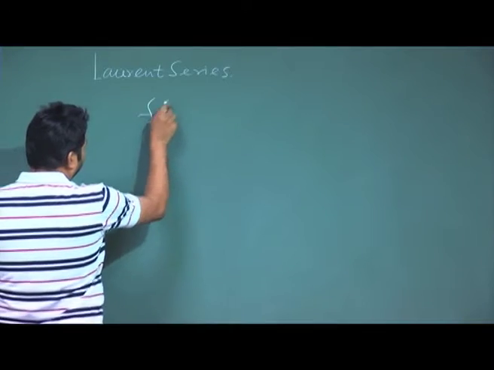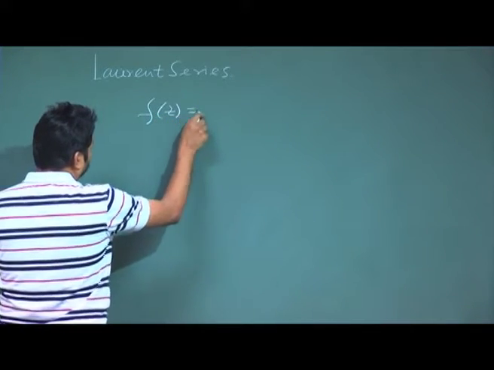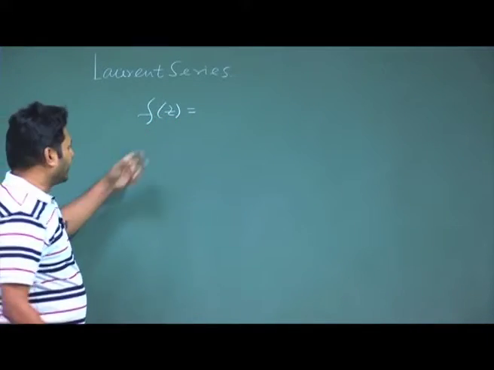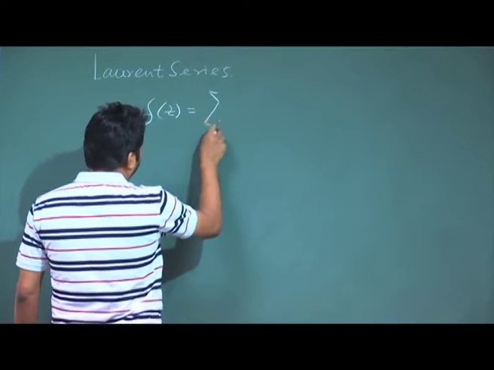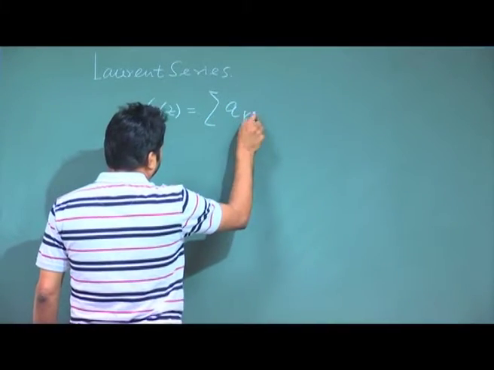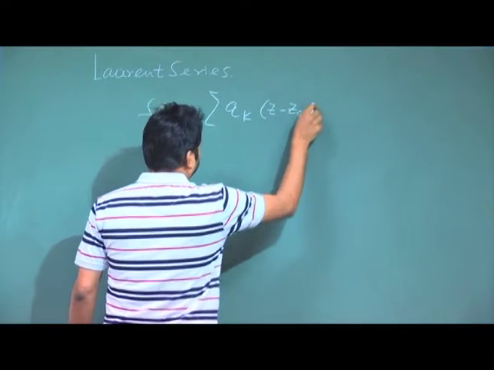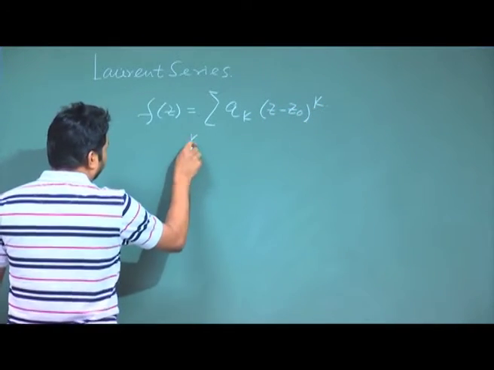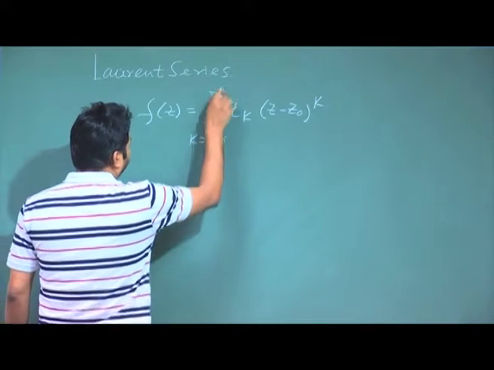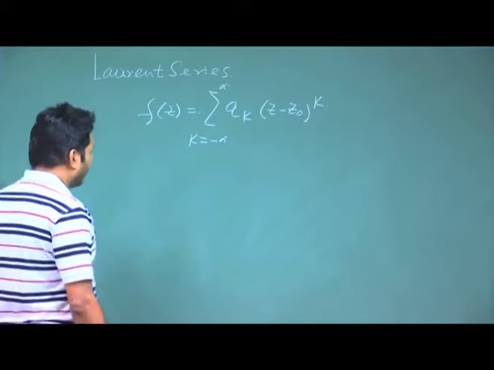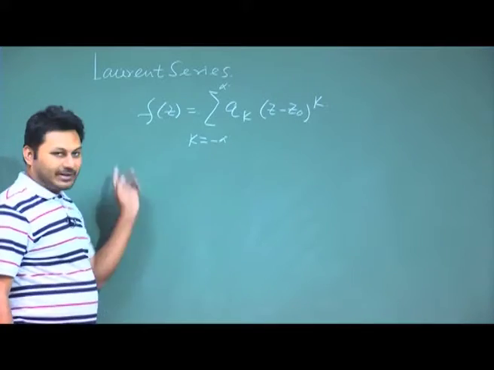Let me once again remind you, if f(z) is a function, I can expand this function in this particular power series, where k runs from minus infinity to infinity, and it is restricted over some annular region.